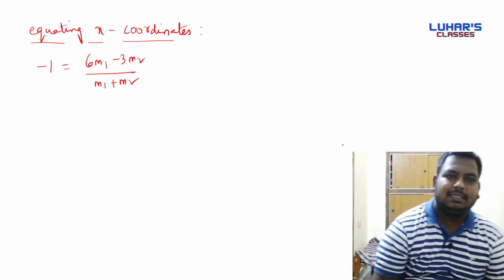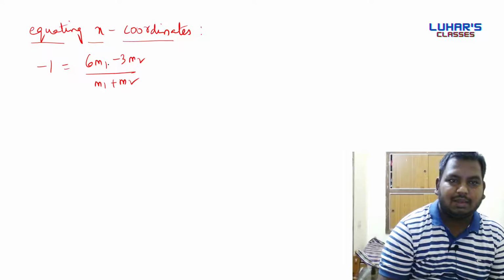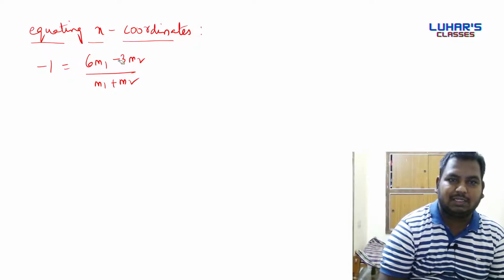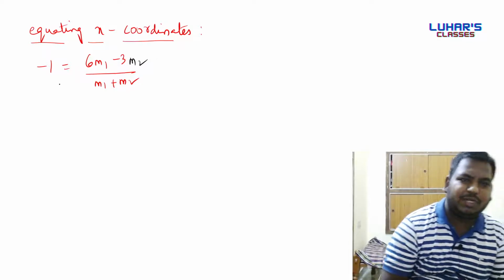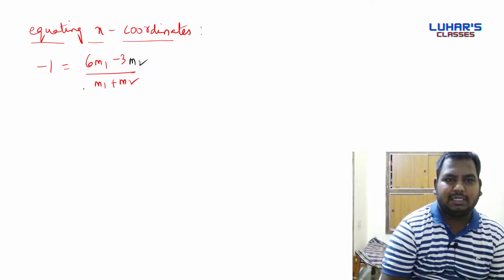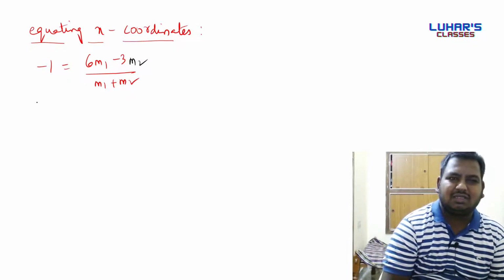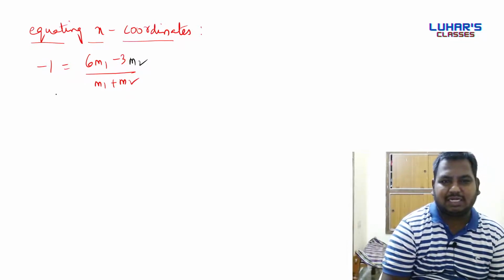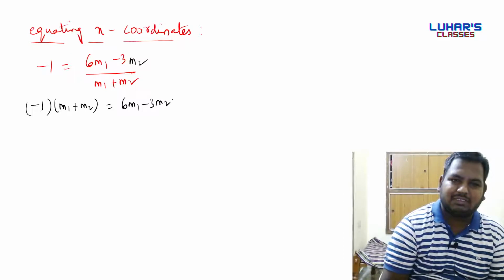Right. So now what are we going to get here? This is, by the way, this is m2. Let me transpose m1 plus m2 to the left hand side. We'll have minus 1 into m1 plus m2, that is equal to 6m1 minus 3m2.